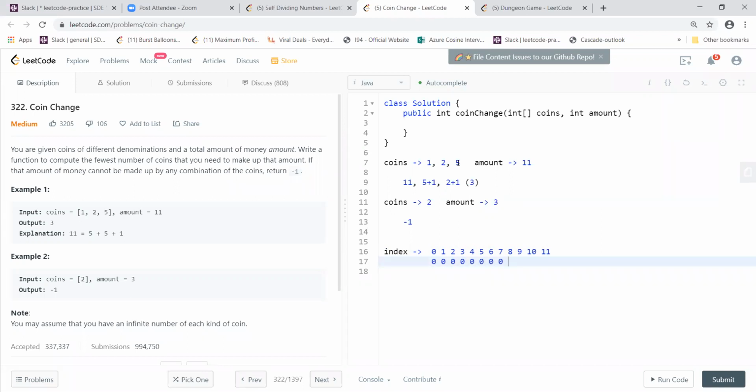So all these zeros over here, and then maybe initialize to a very big number, because the goal is to find the fewest number of coins. Yeah, that is true, and that is what I thought of earlier.